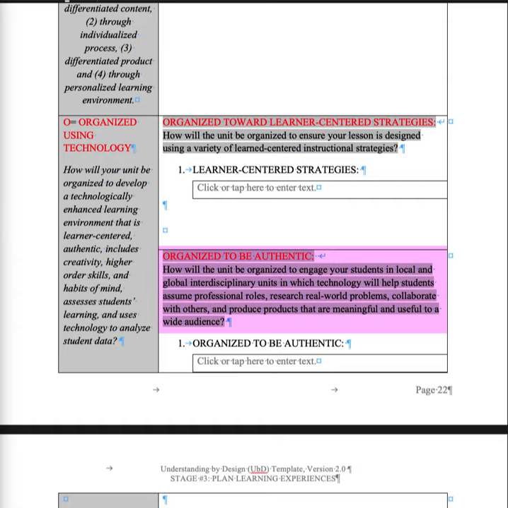Specifically, how will this unit research real-world problems, collaborate with others, or produce products that are meaningful and useful to a wide audience? And this could be difficult with a unit that is centered along the lines of something like math, maybe. But in a more vocational unit, this could be a little easier.